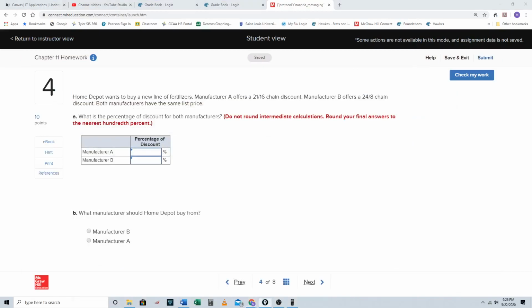So this right here means manufacturer A offers a 21% discount and a 16% discount. And then manufacturer B offers a 24% discount and an 8% discount.